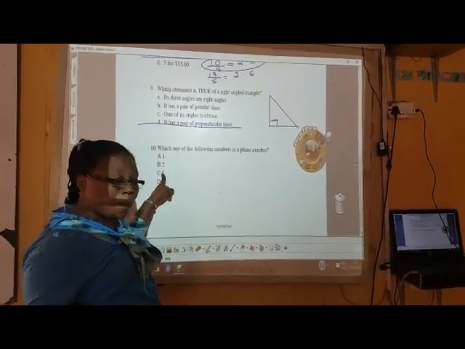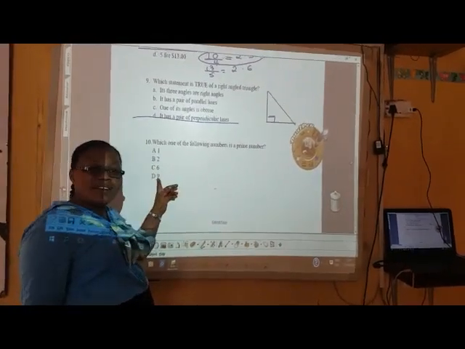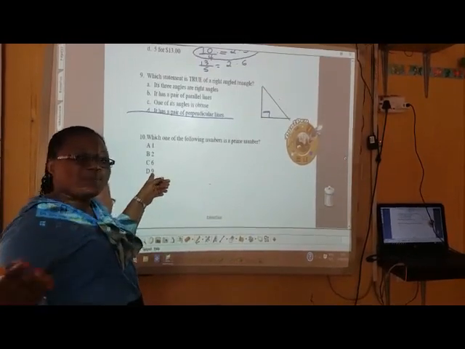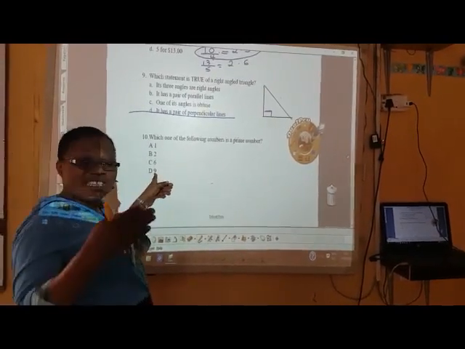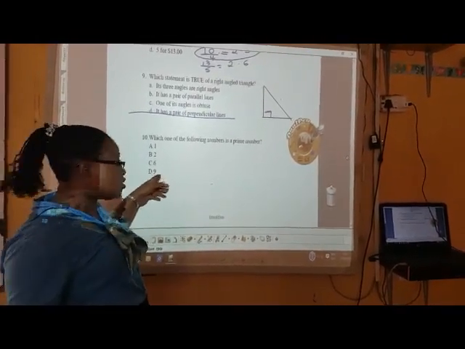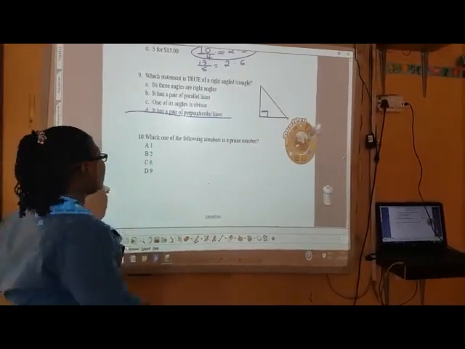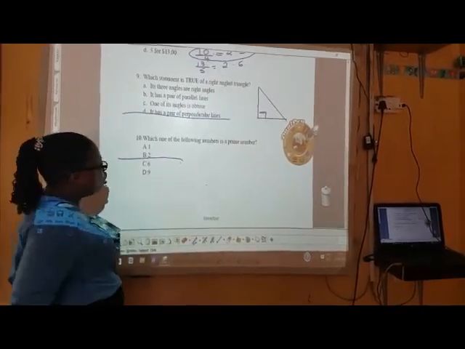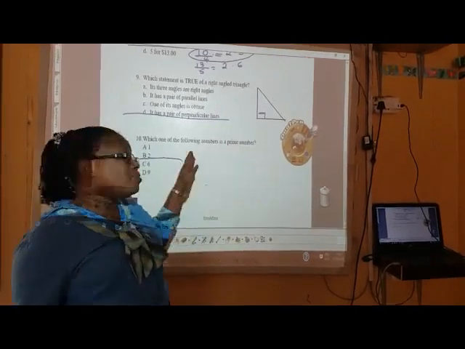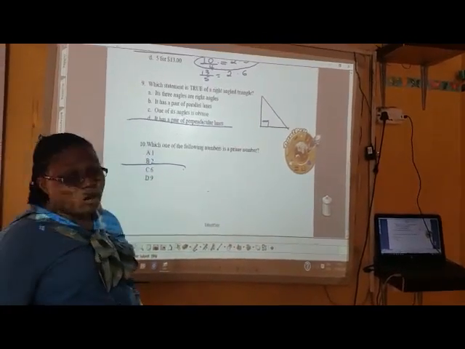It is not a prime number. Likewise, 9. 3 times 3 gives you 9. You can say 9 times 1 also gives you 9. So it is not a prime number. The only answer here is 2. So that is the only prime number in the options given.